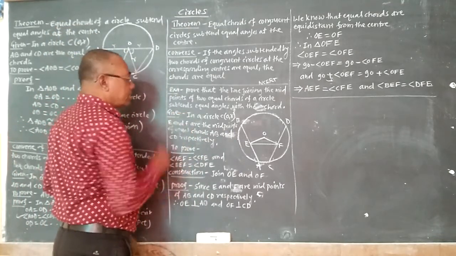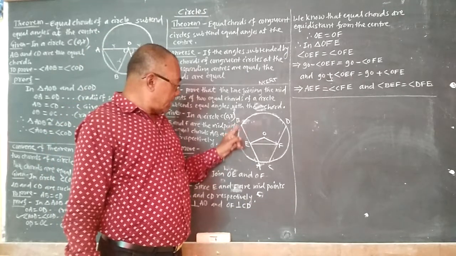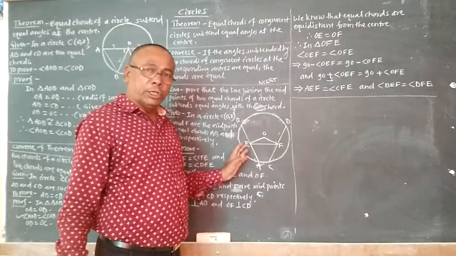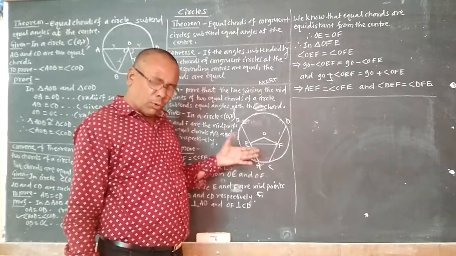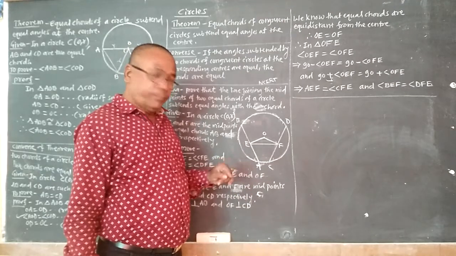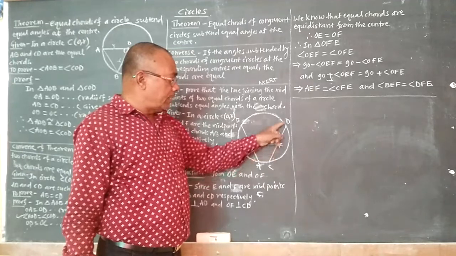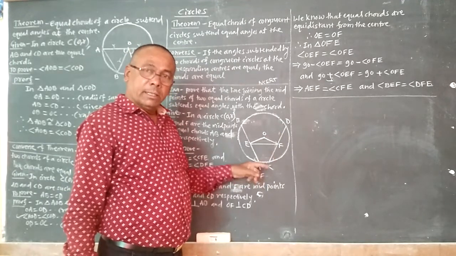In the figure it is given that O is the center of the circle, AB and CD are the two congruent or equal chords, and E is the midpoint of AB and F is the midpoint of CD.